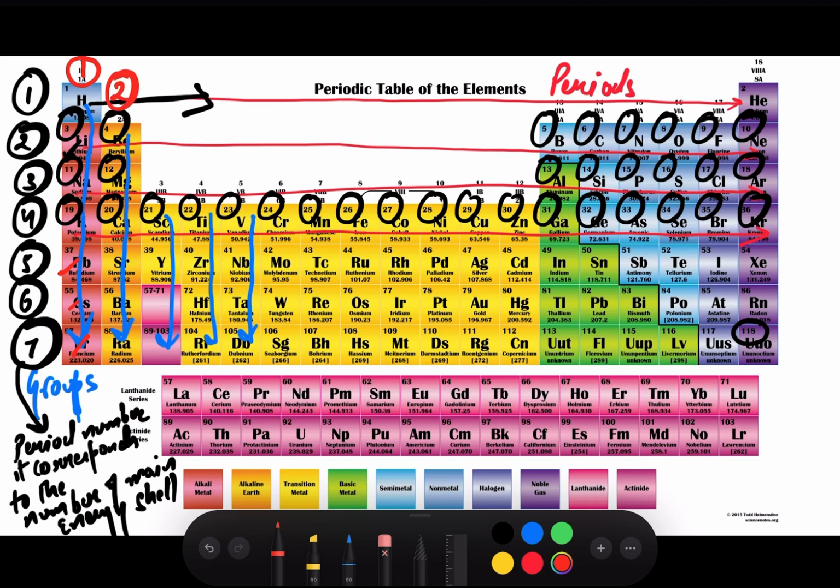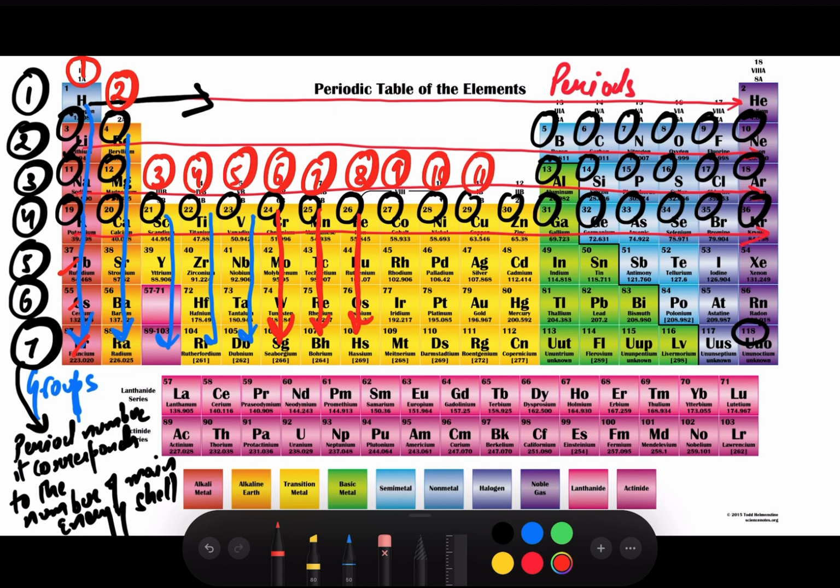The group number 2, the group number 3, the group number 4, the group number 5, the group number 6, group number 7, group number 8, group number 9, the 10th, the 11th, the 12th group, the 13th group, 14th group, 15th group, 16th group, 17th group, and a very last 18th group.